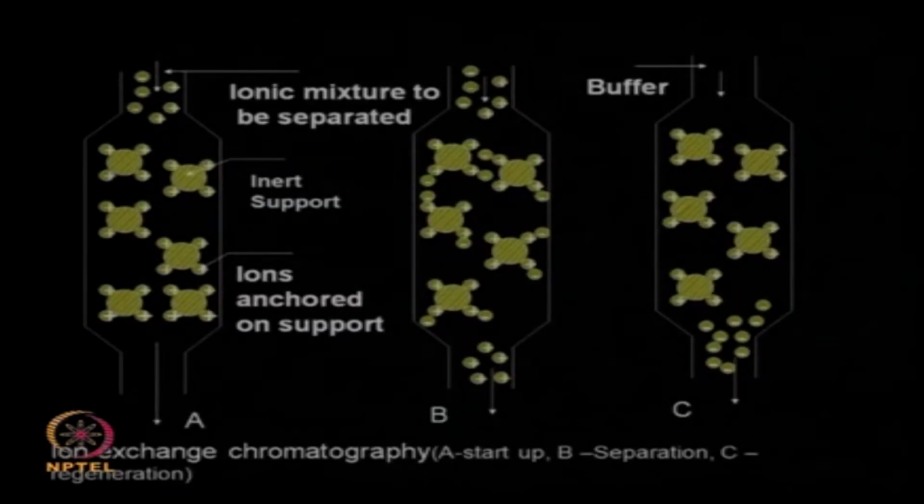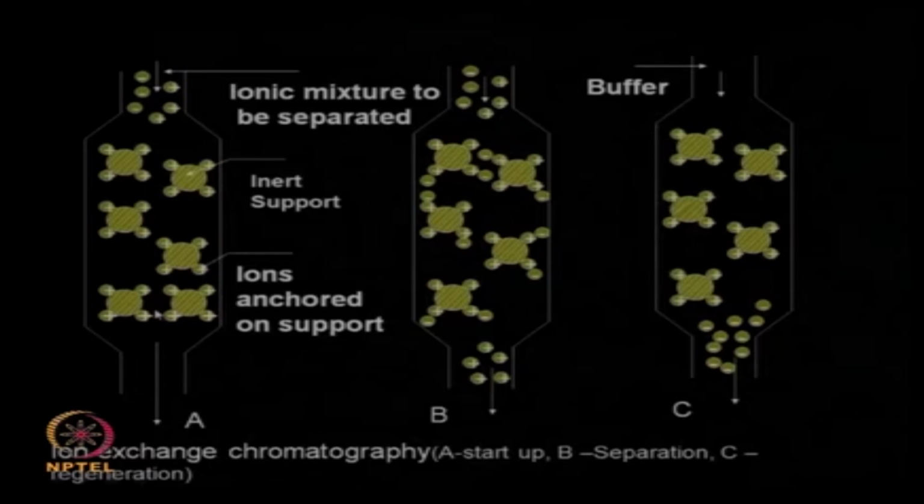Now let us look at ion exchange chromatography. So the separation is based on ionic forces, could be cationic forces, it could be anionic forces. So what we have is a base inert support.